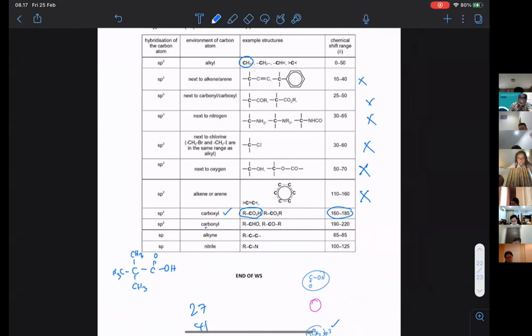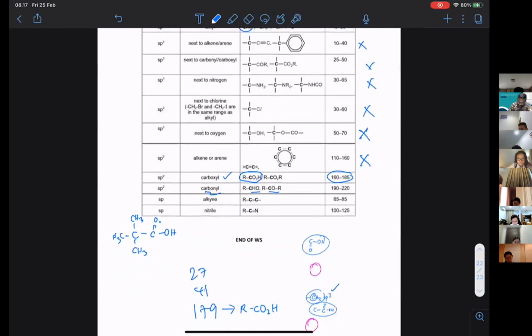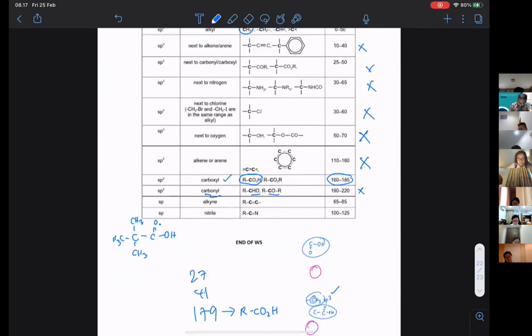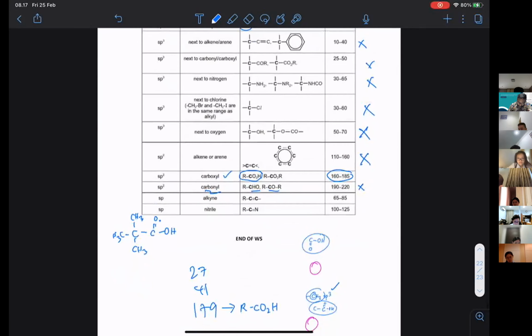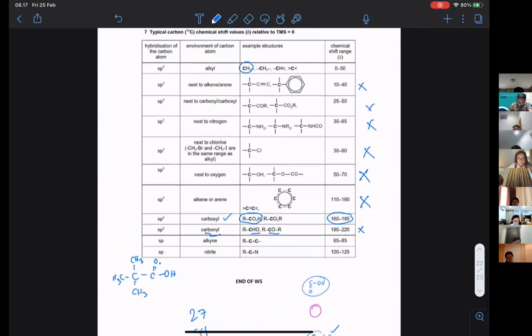Let's look at the carbonyl group CHO. The value doesn't match, so no. CO2 already, then 27. I think the only one that is 27 is most likely this one.